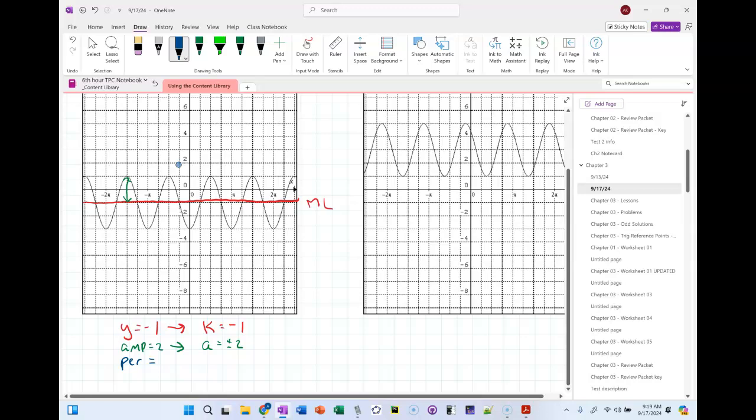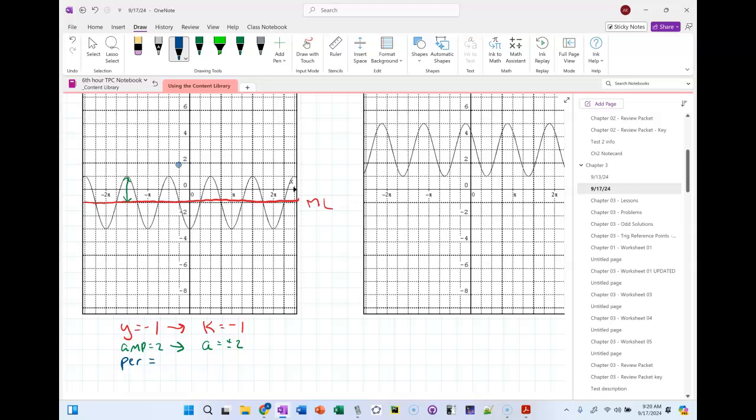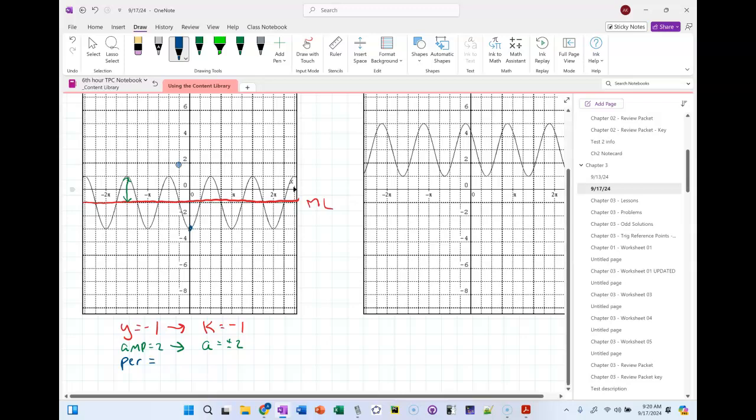Okay. And the last one we want to talk about is the period. Who can tell me the period? Edie. Pi is correct. So I usually like to start at x equals 0, touching the y-axis.